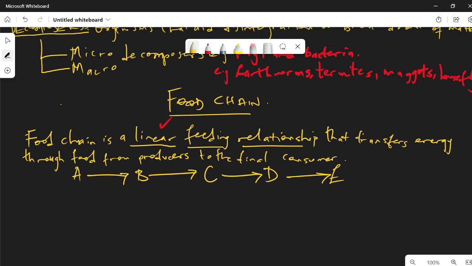So that means we could have more than one consumer, and that is talking about the trophic levels. We will get to explain that shortly.